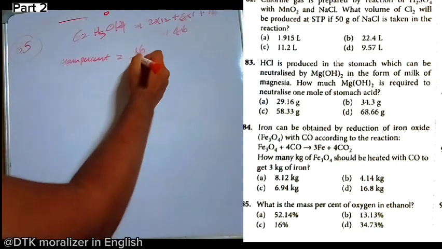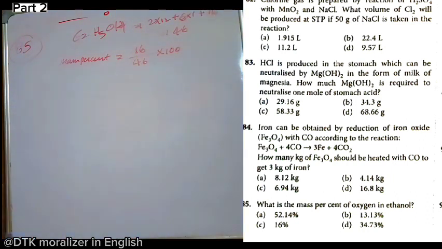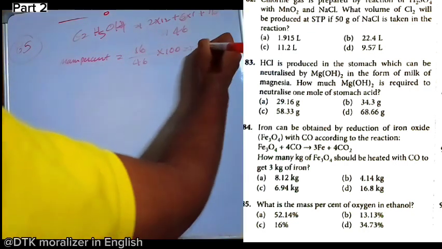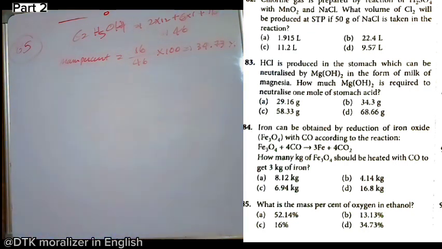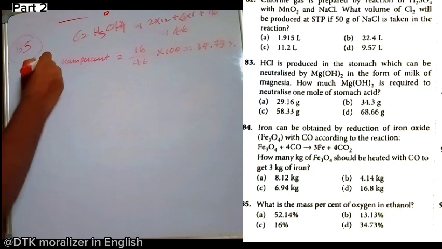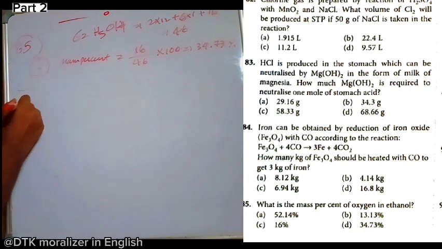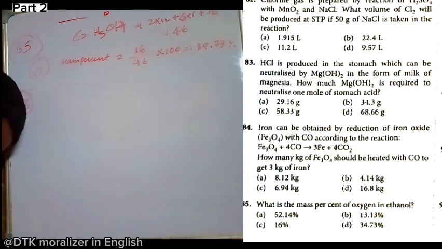Molecular weight of C2H5OH is equal to 46. Mass percentage is equal to 16 of oxygen divided by 46 into 100, which is equal to 34.77%. So here option D is right.